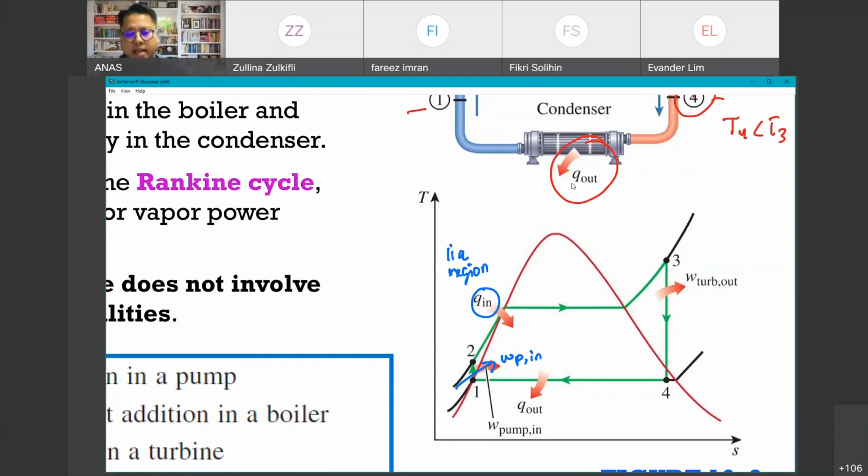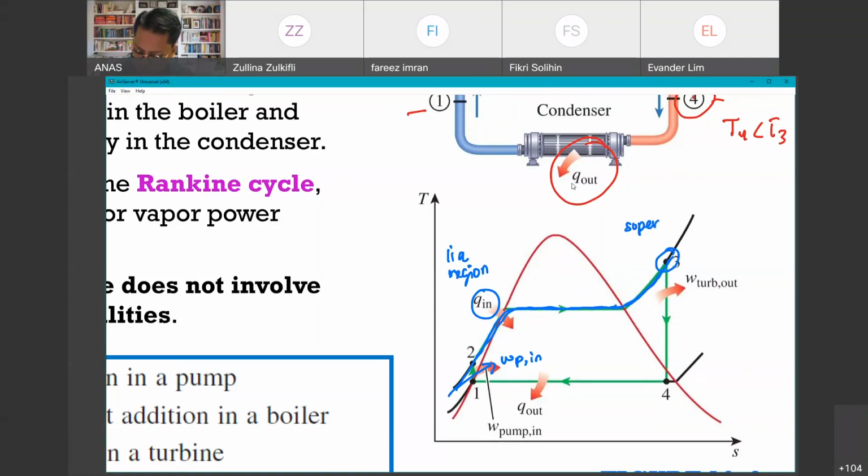Heat is being added at a constant pressure. If you look over here, this line represents the constant pressure line. So heat is being added to the liquid, and the temperature rises at constant pressure up until point 3, and over here we all know this is a superheated region.